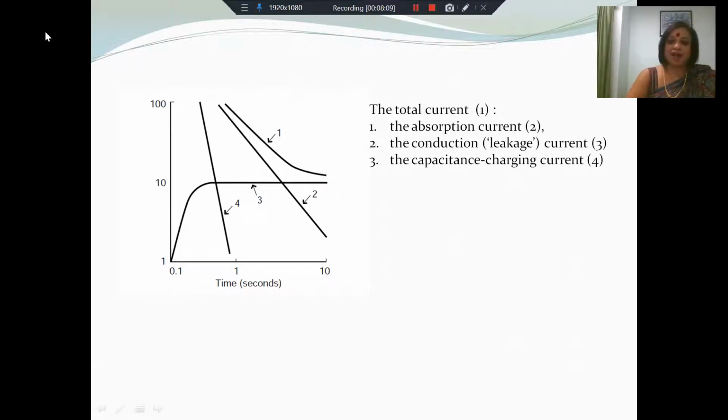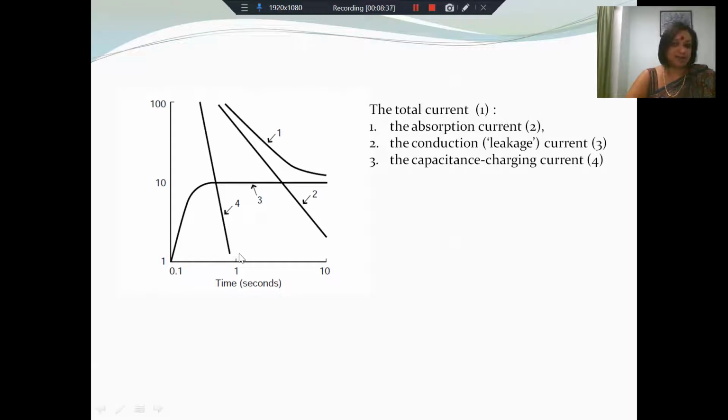And lastly, we have the capacitance charging current. You have a dielectric material, therefore this dielectric material behaves like a capacitor. It can store charge across it. It can store electrostatic energy. So the capacitive charging current that will flow is initially very high and it rapidly decreases. So therefore you have 3 components: the absorption current, the conduction current, and the capacitive charging current.